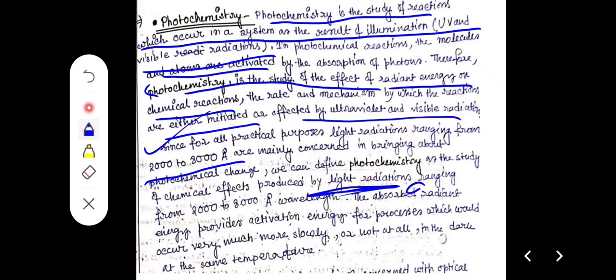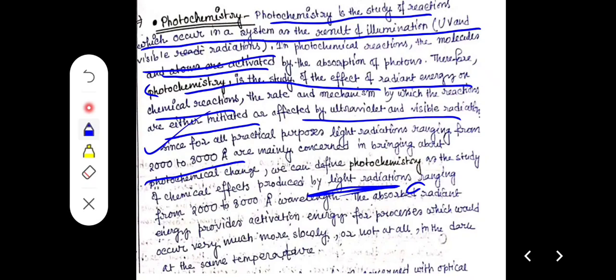If we convert nanometer to angstrom, we get 2000 to 8000 angstrom, which is mainly concerned in bringing about photochemical change.